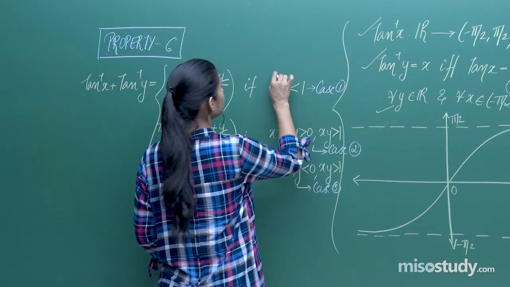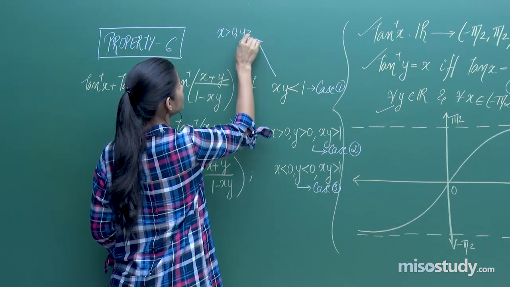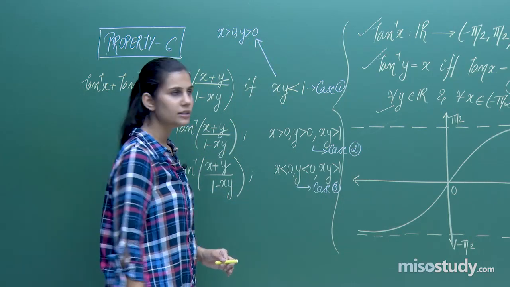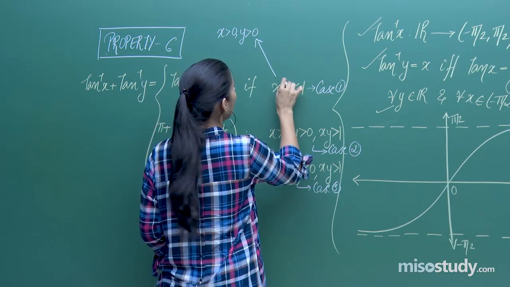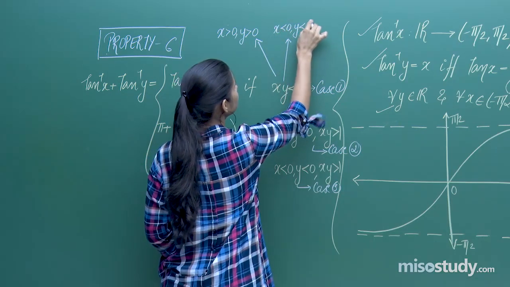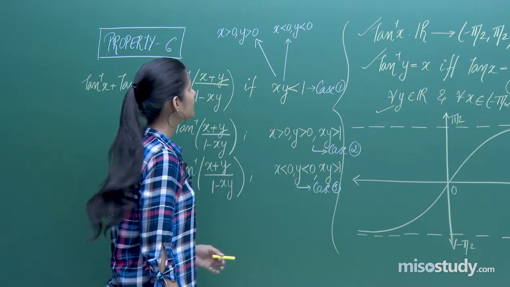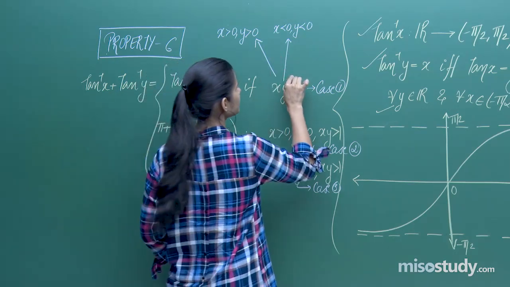Now x into y can be less than 1 provided x is positive and y is positive, even then x into y can be less than 1. X into y will be positive in that case, but it can be less than 1. Or x into y can be less than 1 when x is negative and y is negative, in which case again x into y is positive, but it can be less than 1. This can be one case.